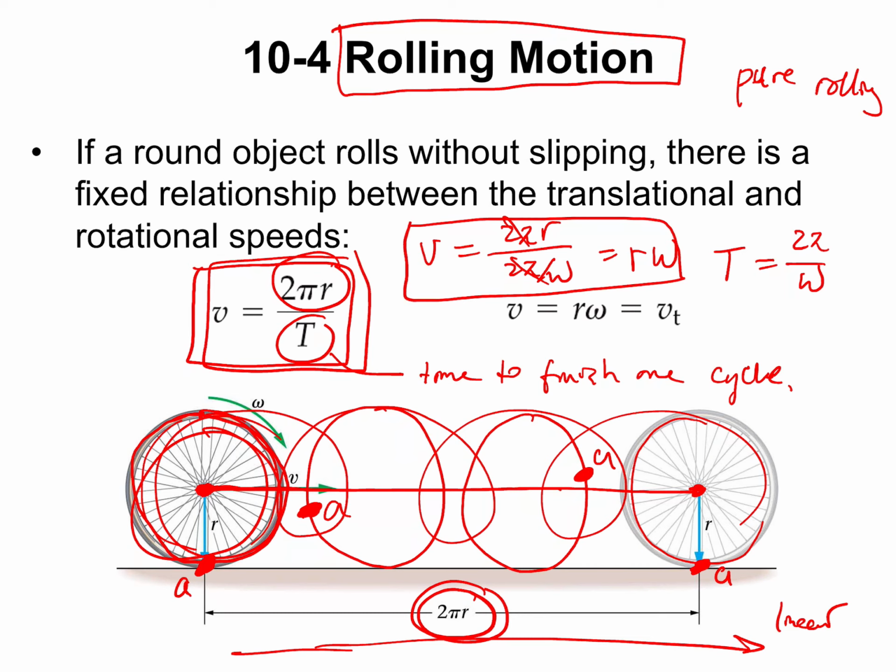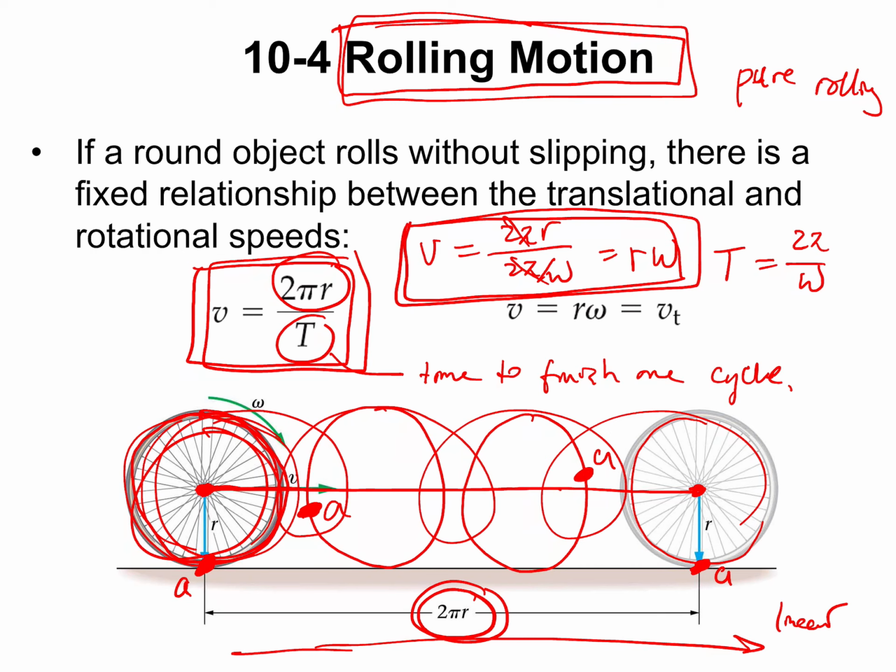So the rolling of the wheel actually has two motions. You have a linear motion with linear speed r times omega, and you have an angular motion with angular speed omega.